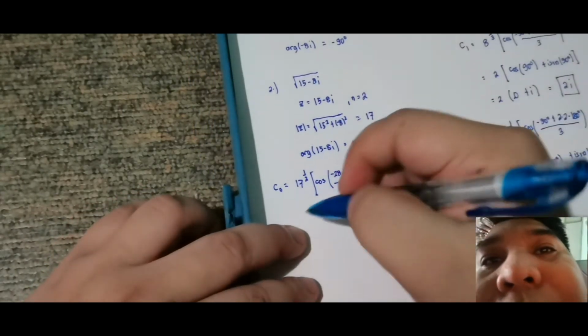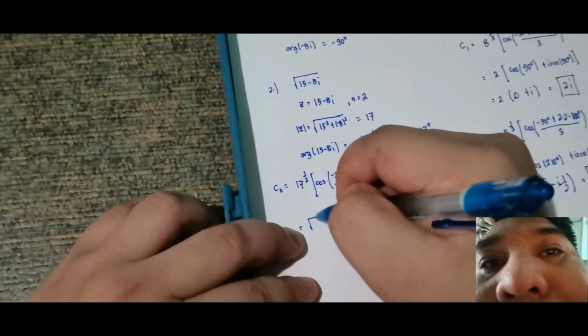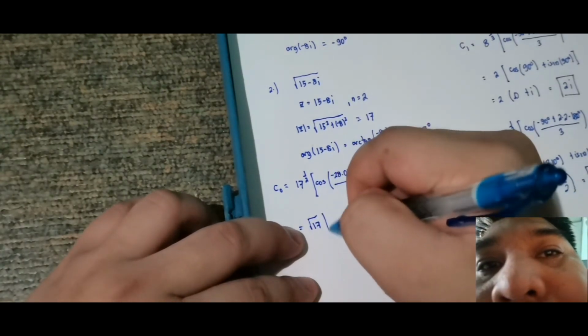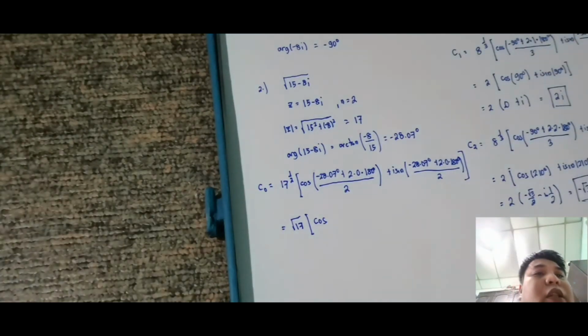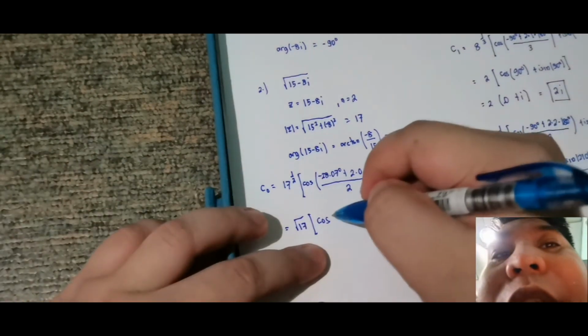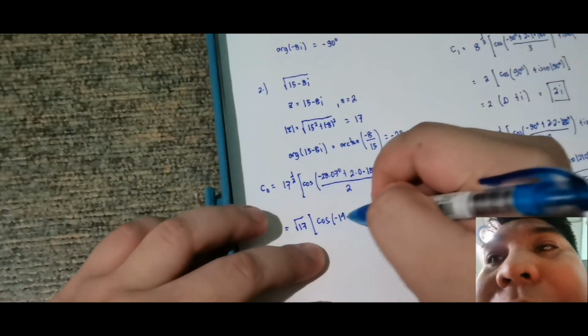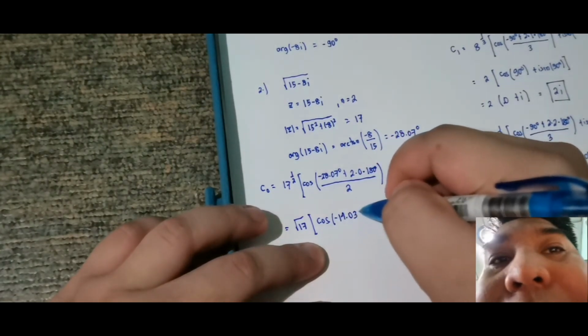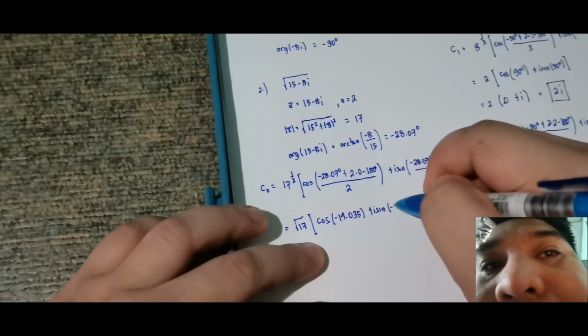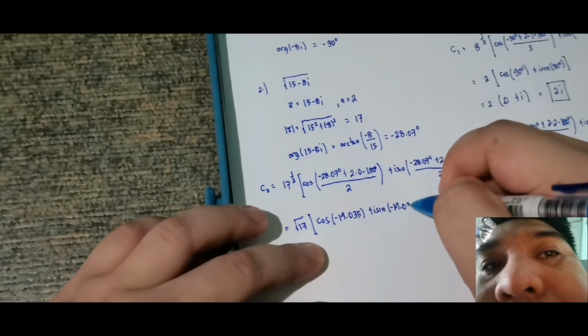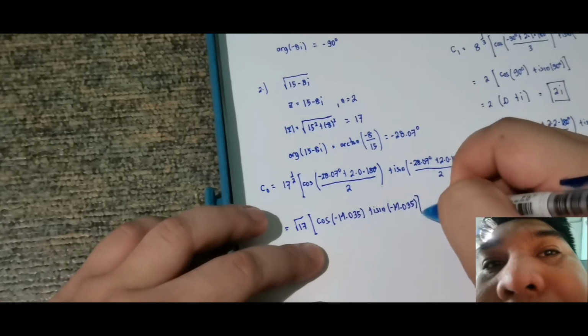Okay, so this is equivalent sa square root of 17 multiplied by cosine. So solve lang yan sa real. So negative 28.07 divided by 2, negative 14. So that is cosine ng negative 14.035 plus i sine ng negative 14.035 kasi nga parehas yun.